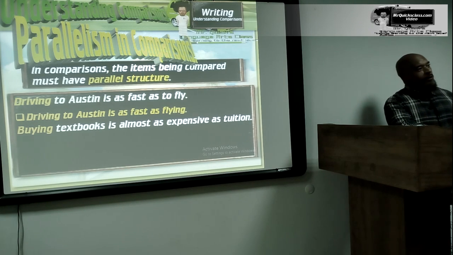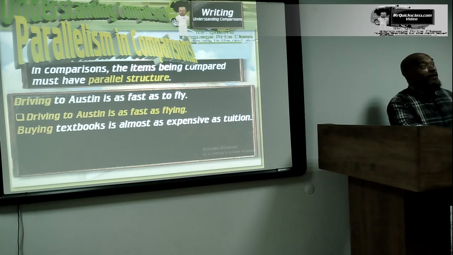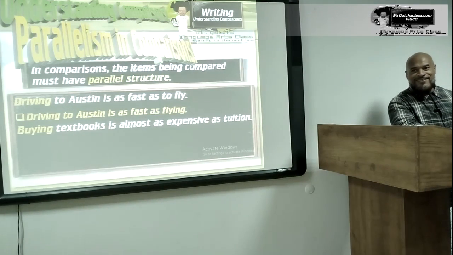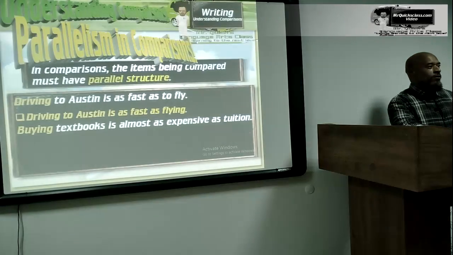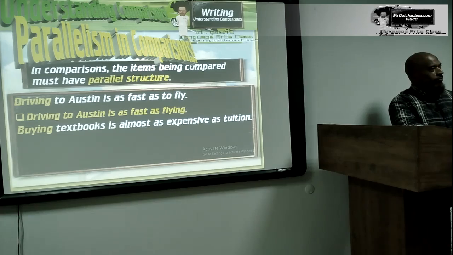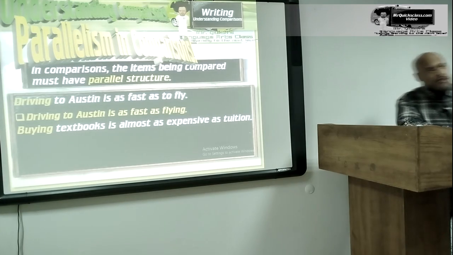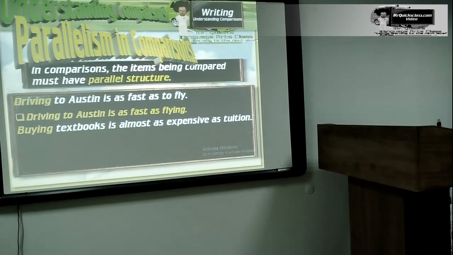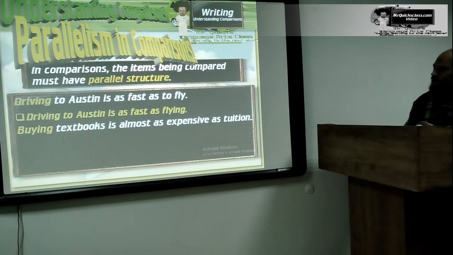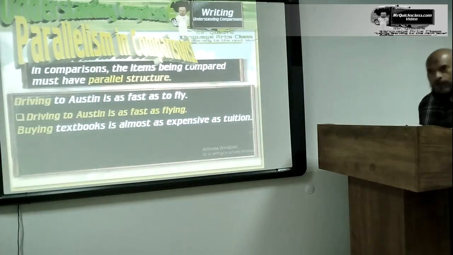Some books are more expensive than others, that's for sure, according to this sentence. I know, because you can't imagine spending that much on a book, right? It's going to be more expensive as tuition. Oh, you want to get rid of almost as and put more. Okay, everyone agrees?